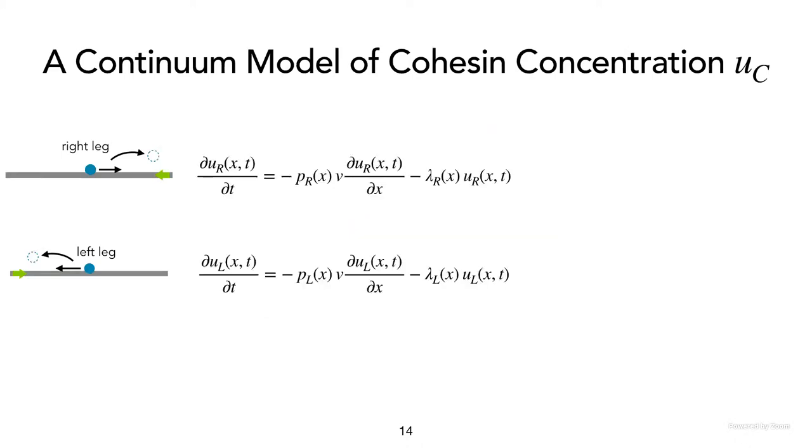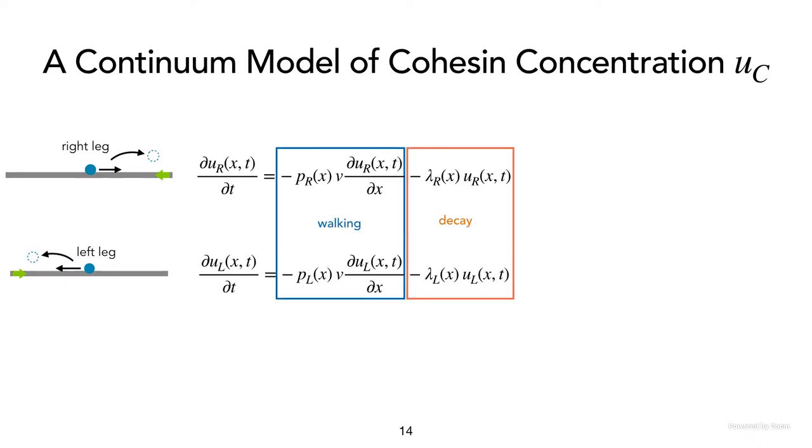And once we have a sketch, we can design the equations and study how the concentration of the right leg and the concentration of the left leg change over time and across space. Both equations just have two terms: one describing the walking, and the other describing the decay.